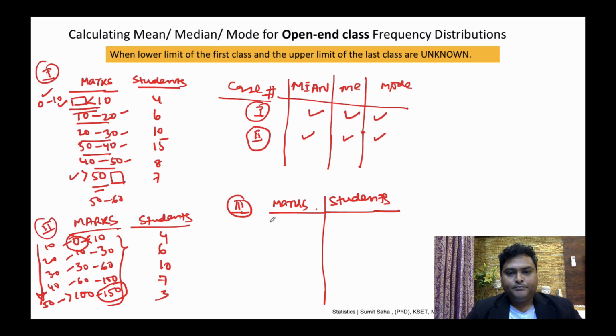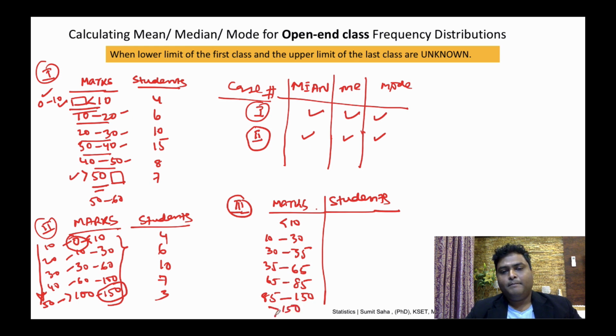Let's say less than 10, 10 to 30, 30 to 35, 35 to 65, 65 to 85, 85 to 150, and more than 150.